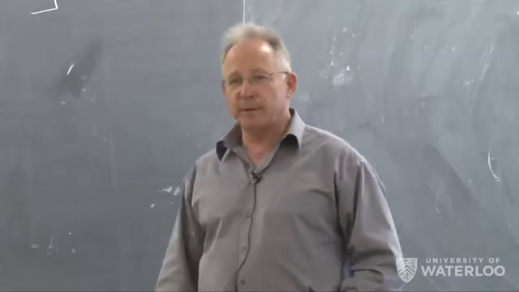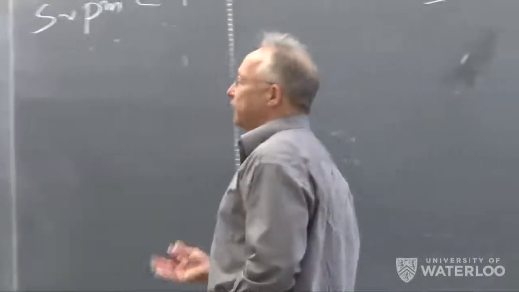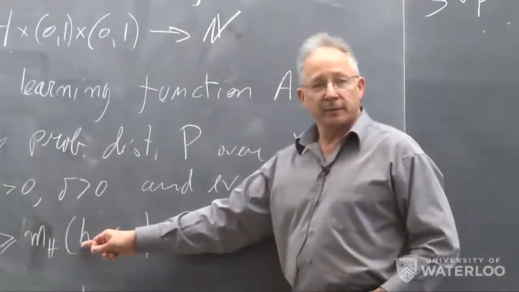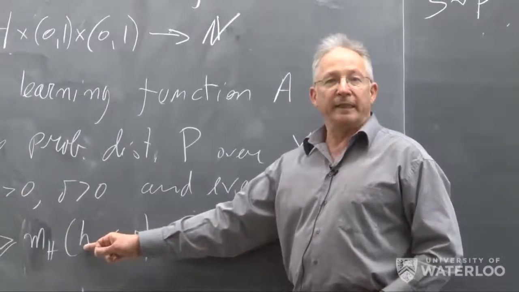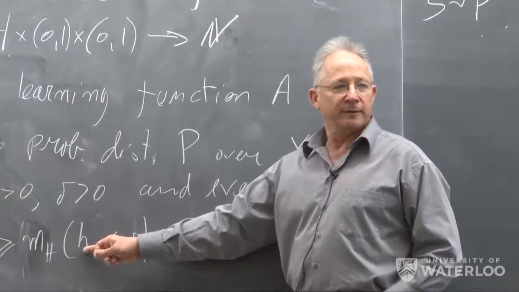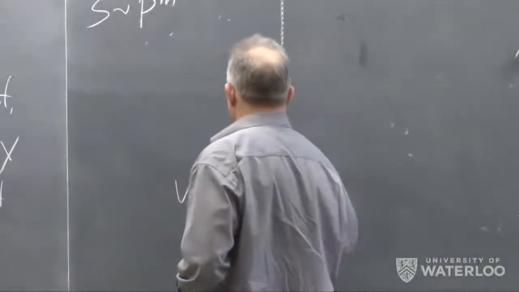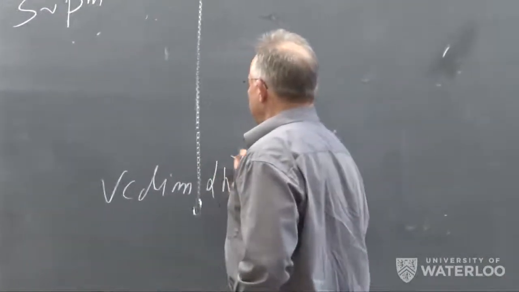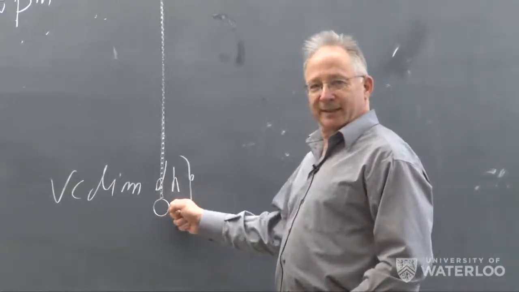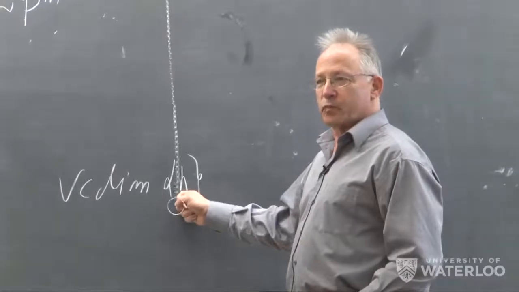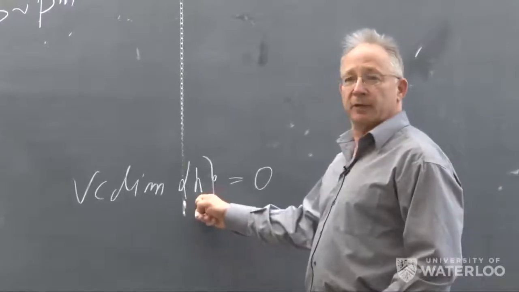So we will see it in the next one. We cannot talk about the VC dimension of a particular h. Because for each particular h, no matter how complex it is, what is the VC dimension of a given small h? If I ask you what is the VC dimension of a set that contains only one element, it is always going to be 0, regardless of how complicated h is.